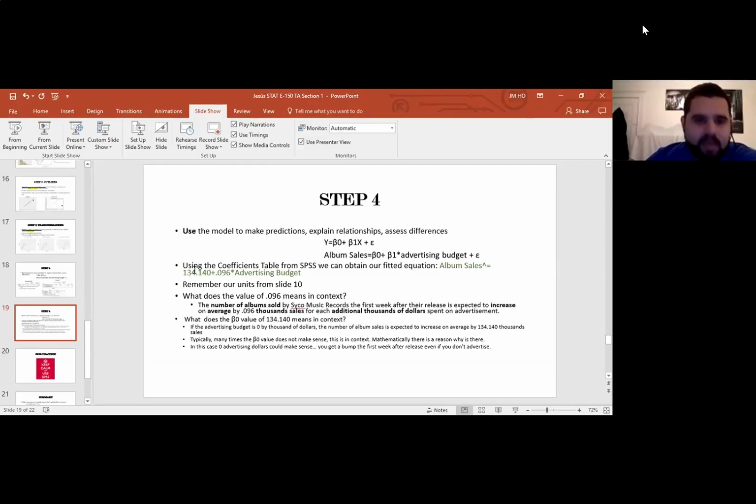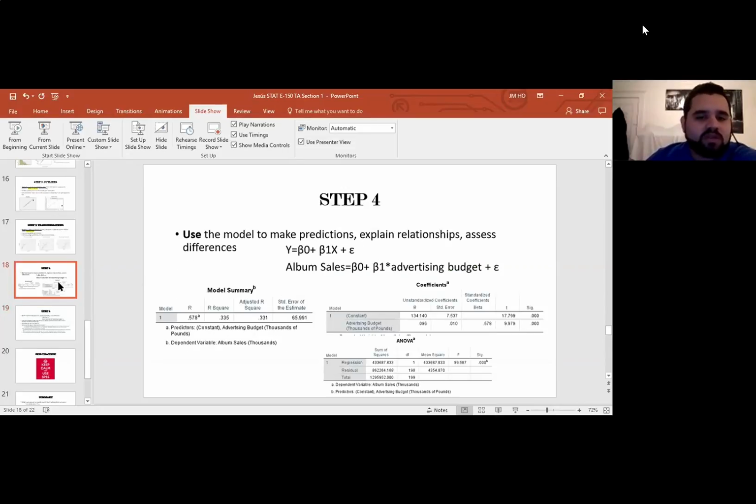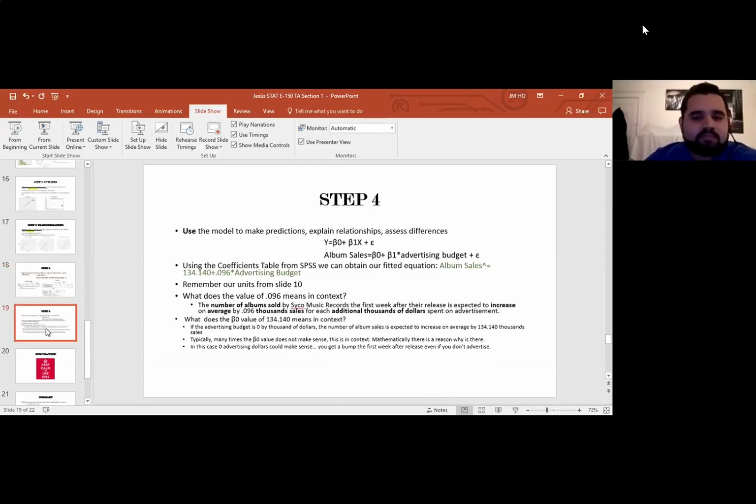And then you write the intercept value, 134, and the slope value, 0.096. And remember, I got this from the coefficients table. And then don't forget to write times advertising budget. And what else is different in this formula?